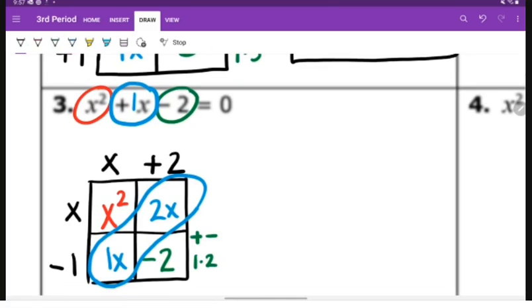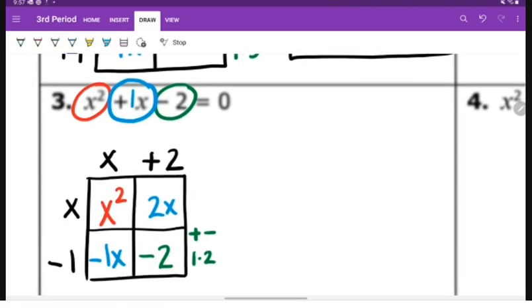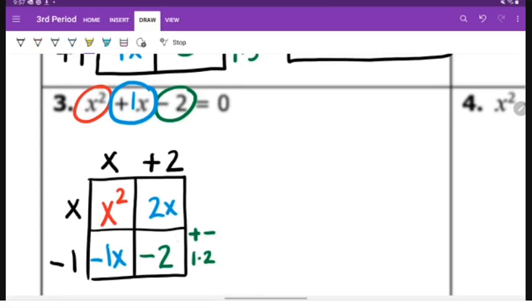Okay, I really like where you're going with this. So I just want to point this out to the rest of the class. When you have a negative number in the bottom right box, we're not going to be looking for a sum to make up the middle piece.